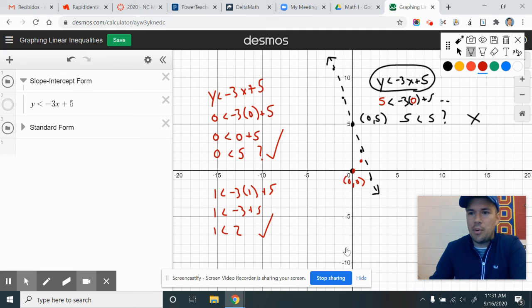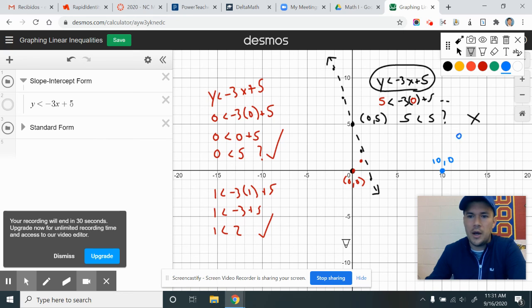Last, I'm going to try a non-example. This point over here on the other side of the line, we can tell there's a left side of this line and a right side to it. This is the point (10, 0). What happens if I try (10, 0)? 0 goes in for y. Is 0 less than negative 3 times 10 plus 5?